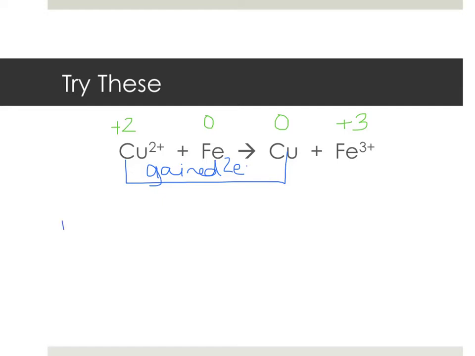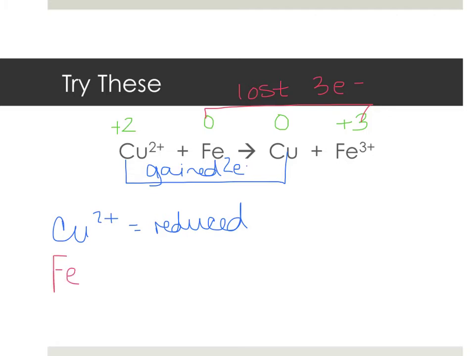This means that copper 2+ was reduced because it gained electrons. Iron, on the other hand, went from 0 to positive 3, meaning it lost 3 electrons. This means that iron was oxidized.